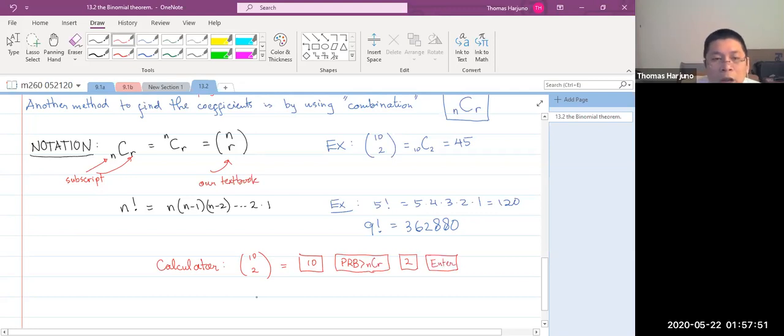Now for 9 factorial, you will type 9 first, and then PRB exclamation, and then enter.